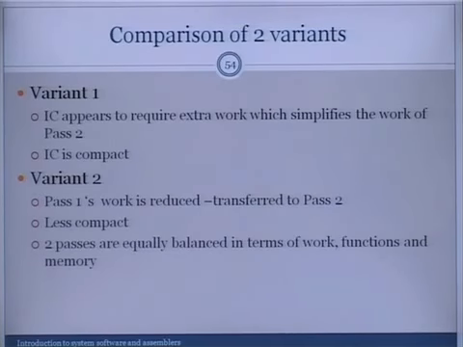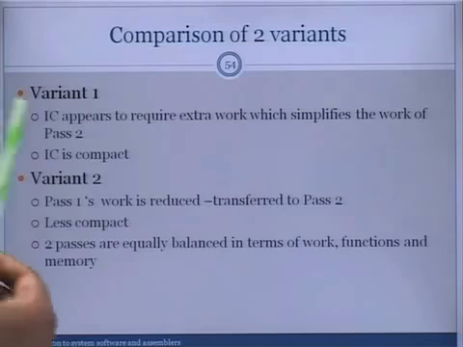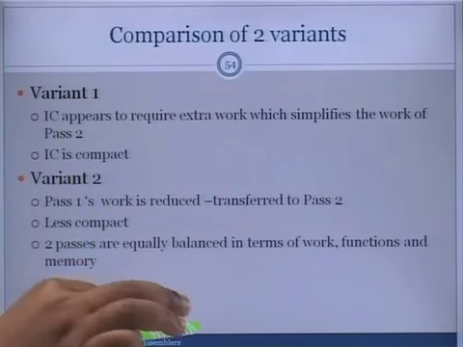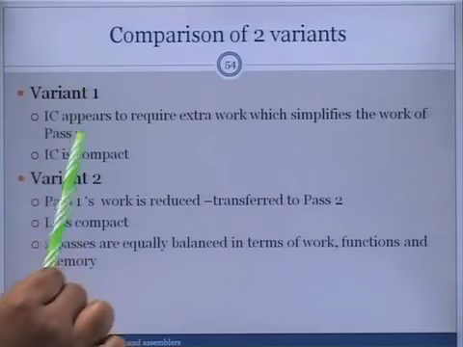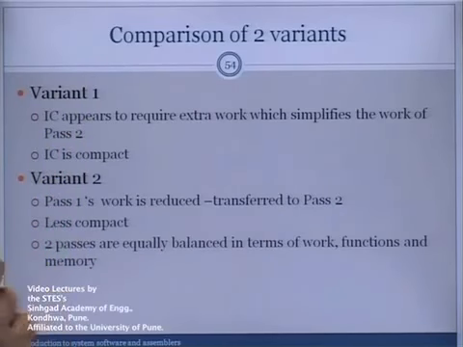If it encounters a literal, all it has to do is refer to the literal table and it would obtain all the associated addresses. If it is a symbol, the associated address would be found in the symbol table. So most of the work is done by pass 1, whereas pass 2 does a very minimum amount of work as compared to pass 1 in variant 1.